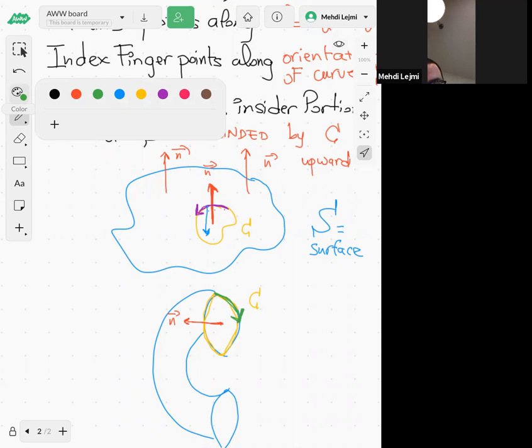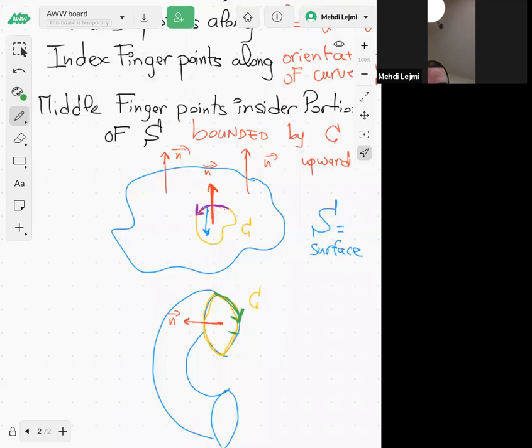So like here, it's inside. That will be the middle finger.